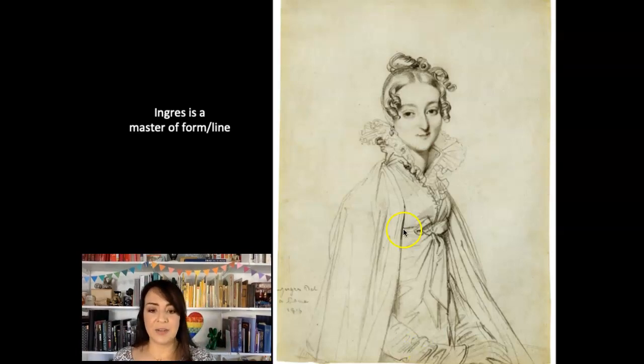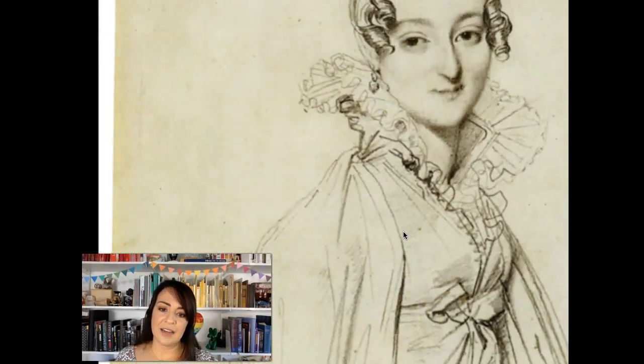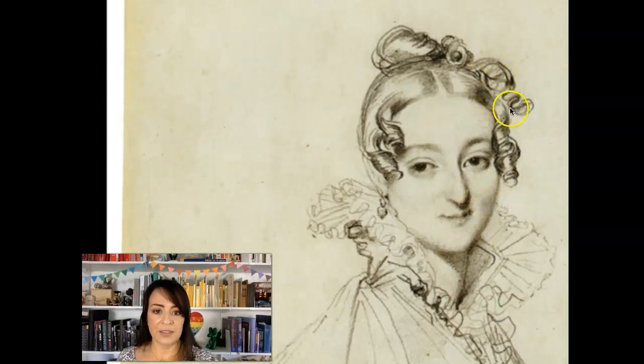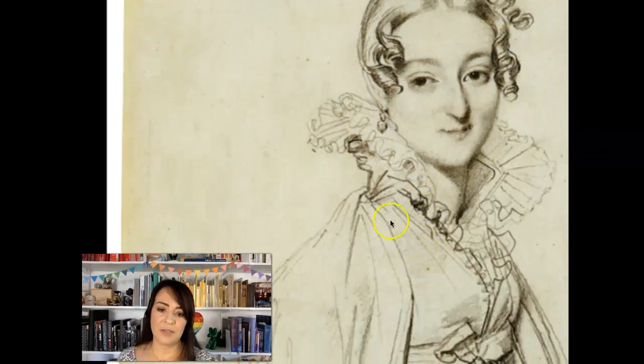And here we see a young woman, and look at the delicacy with which he creates the shape of her face, the lines and shadows, and then look at those beautiful little ringlets that come down on either side of her temples. But then notice how the line work starts to loosen as we move away from her face.